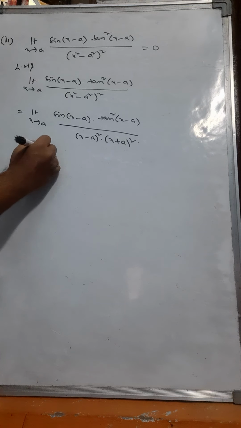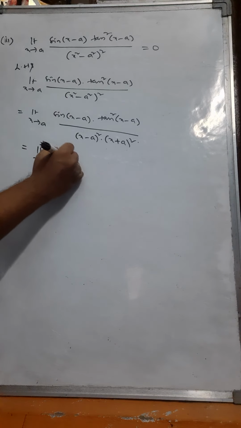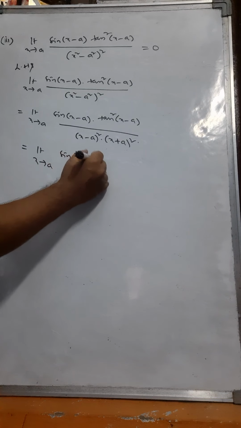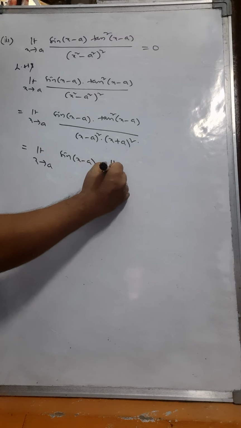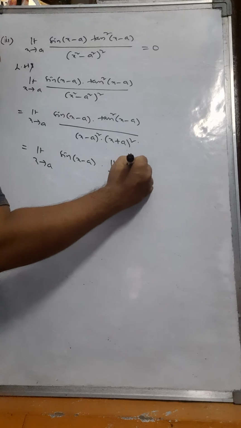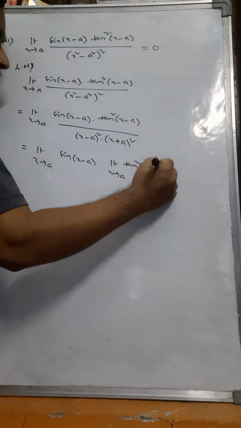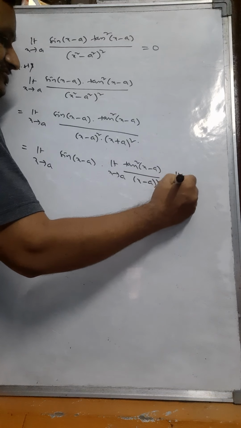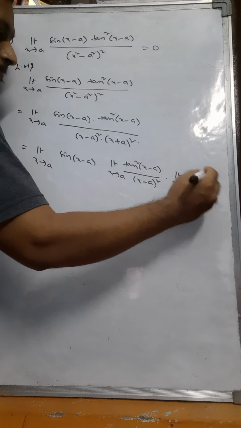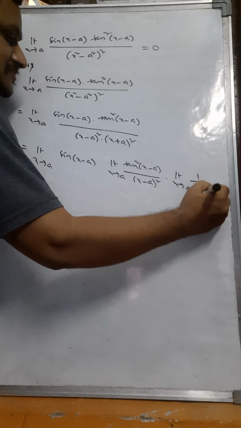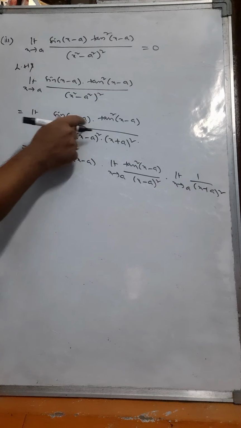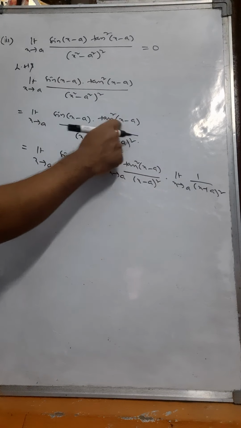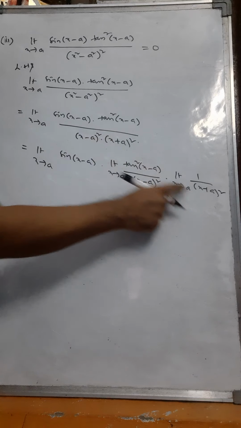Separate them. Limit x tends to a, sin(x minus a) into limit x tends to a, tan square(x minus a) by (x minus a) whole square, into limit x tends to a, 1 by (x plus a) whole square. So this is the first, these two are the second, this is the last one.